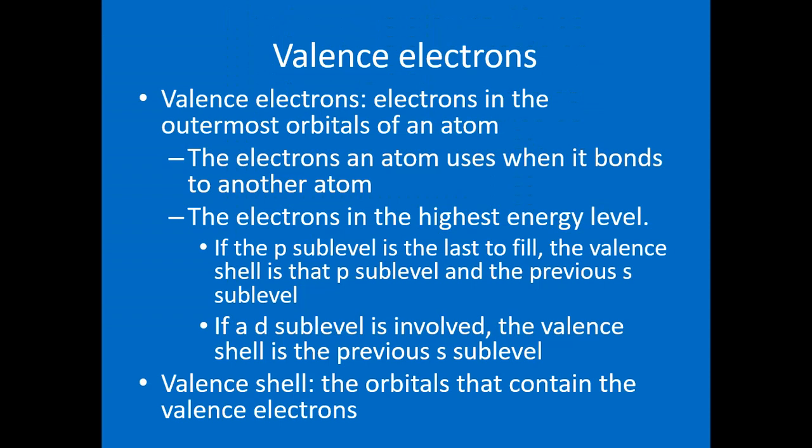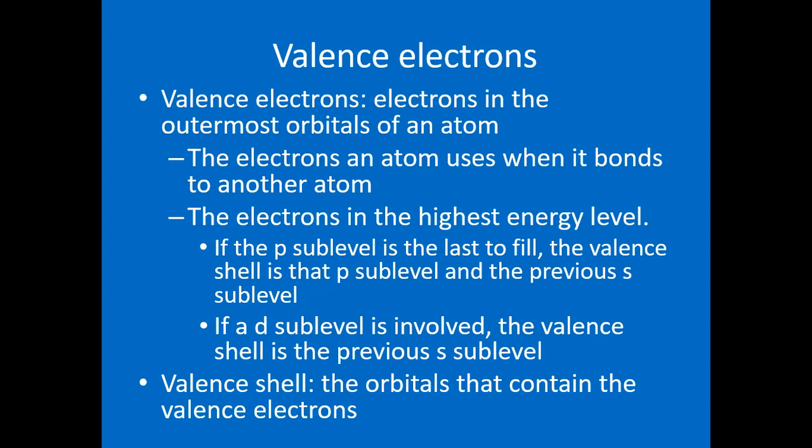Now, a very important concept is valence electrons. Valence electrons are the electrons in the outermost orbital of an atom. They are used in bonding, and that's the most important thing you need to know. These are the electrons used in bonding.